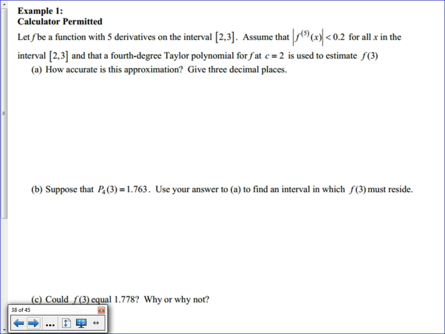How accurate? What are they asking when they say how accurate? What is the error bounded by? So how close is it? But to show how close it is, I have to show how far off it could be, right? Okay, so then, Taylor polynomial and error.